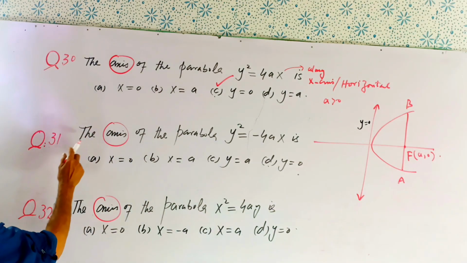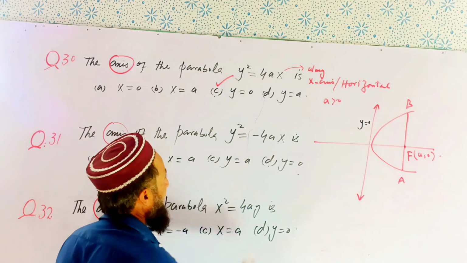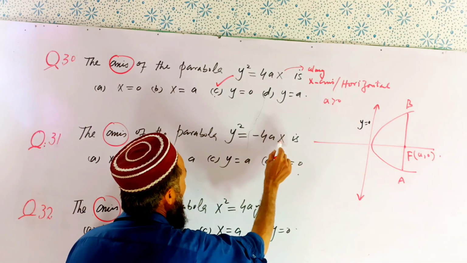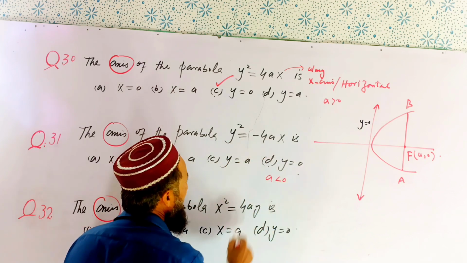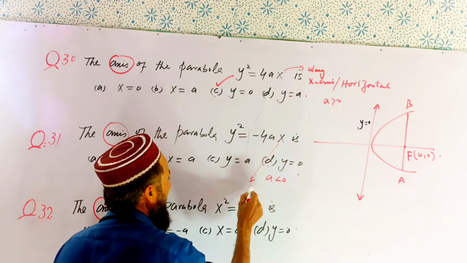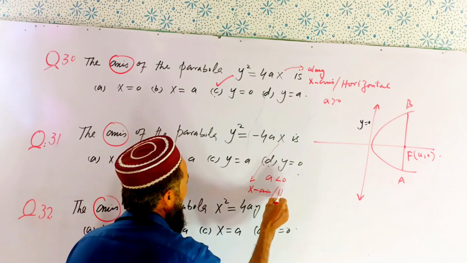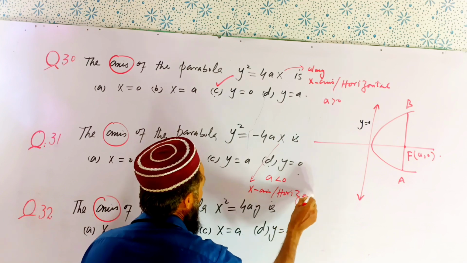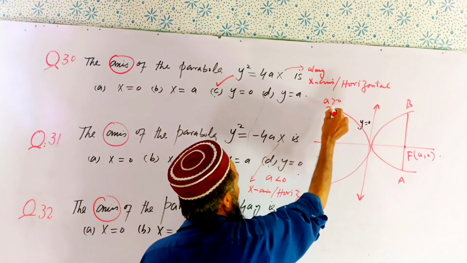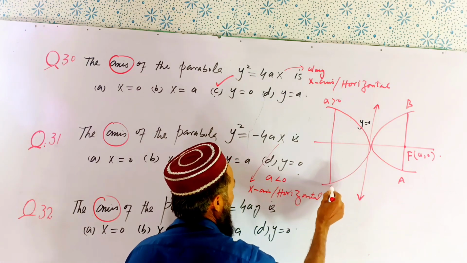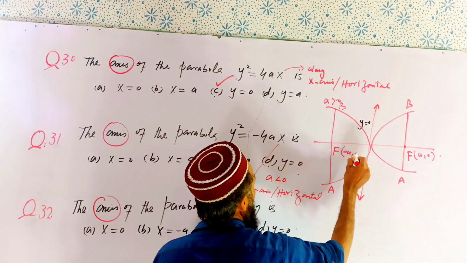Similarly, in question number 31, the axis of the parabola y square is equal to minus 4x. The parabola is along the x-axis, on the left side, because here a is less than 0. The parabola is along the x-axis, or horizontally making. So the parabola is on the left side of this type, and here A, B are any 2 points, and the focus is (minus A, 0).